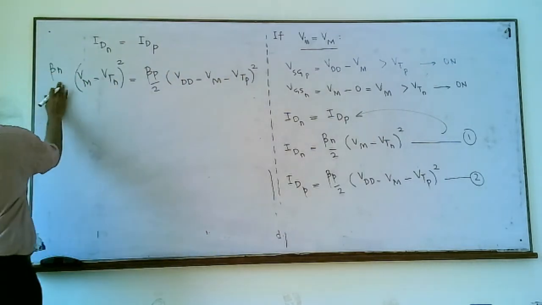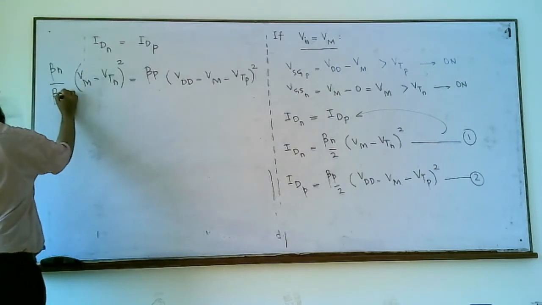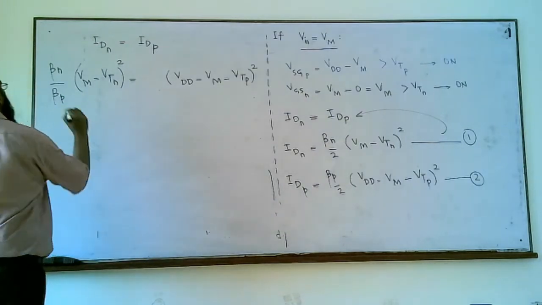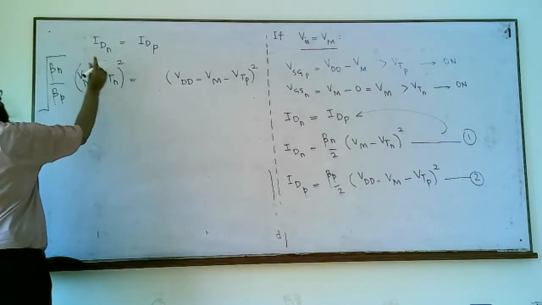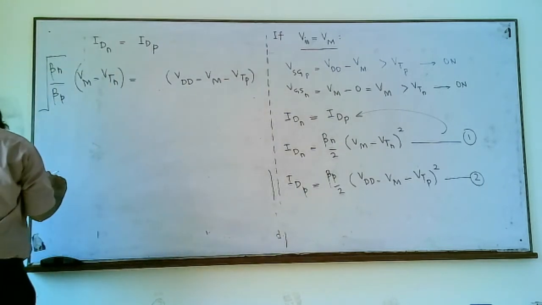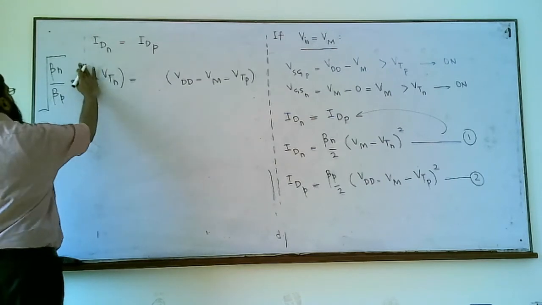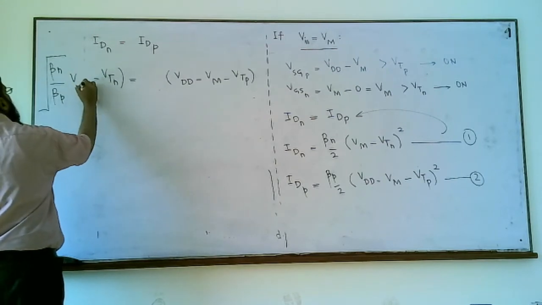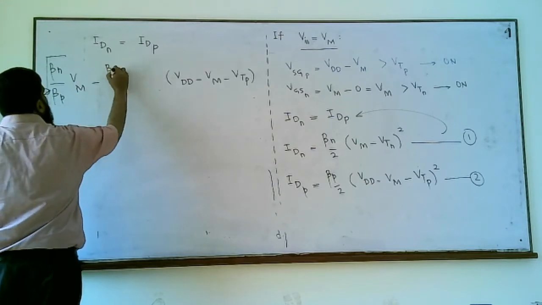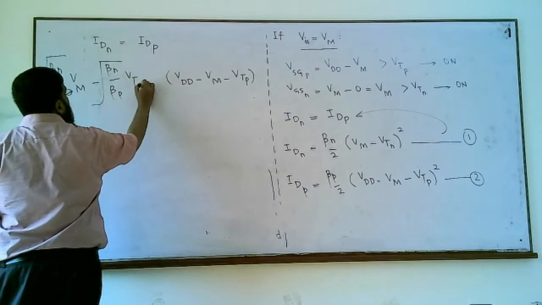So this 2 cancels with this 2, and if we compute the square root on both sides and multiply this square root inside, this is times VM minus the square root of beta n over beta p times VTN.